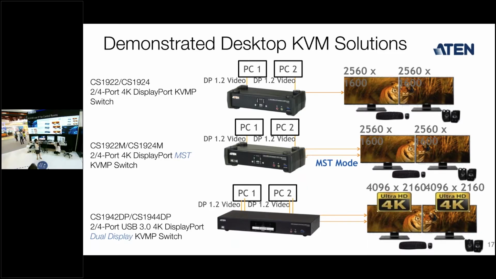So our next model, the CS9022M and 9024M, has the MST hub embedded. From the switch to the monitor we provide two connectors, so you are able to connect DP 1.2 monitors or DP 1.1 monitors.